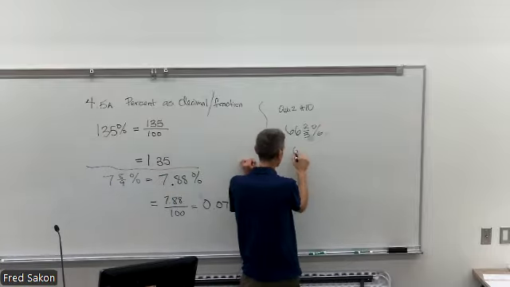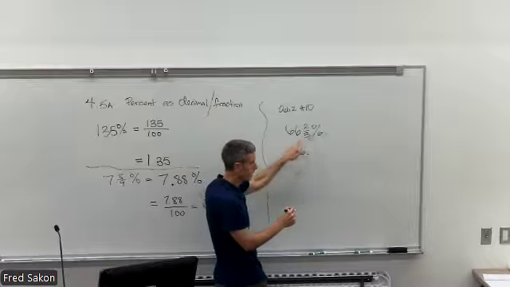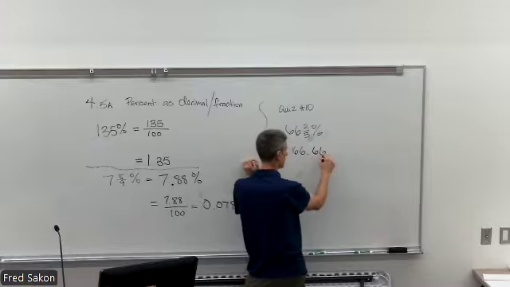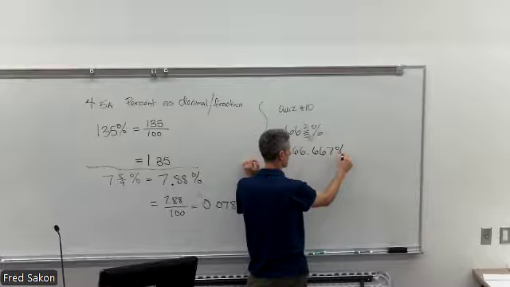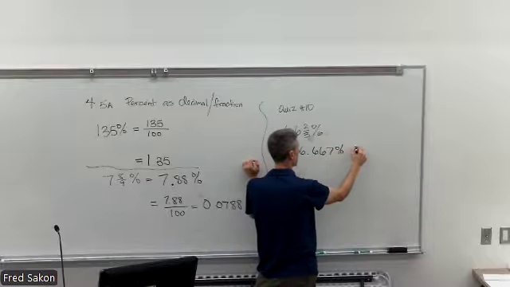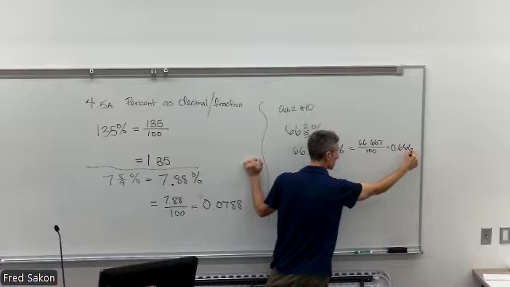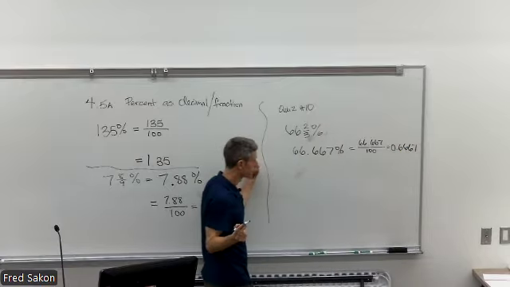Just for reference, let's look at the decimal real quick. 2/3 divided in my calculator gives me more sixes, right? And then by dividing this by 100, I see that the decimal form is this. Okay.